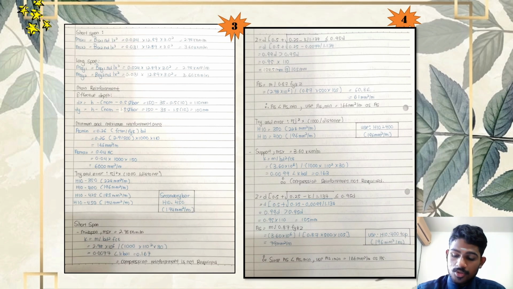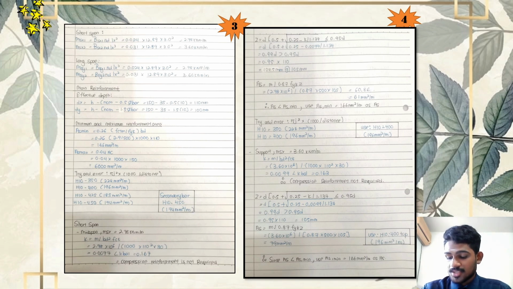So for the support, the k we get is 0.0099, which is less than k balance 0.167, so compression reinforcement is not required. For the Z, we will get 0.99, which is more than 0.95, so we are going to use the limit of 0.95 times 110, equal to 105 millimeter.